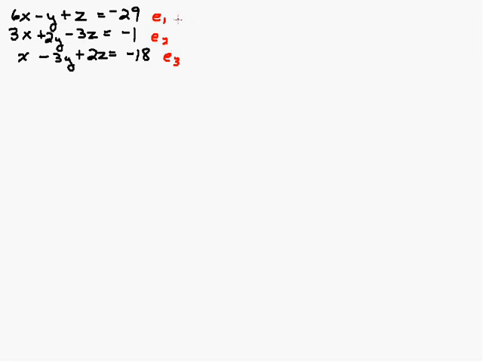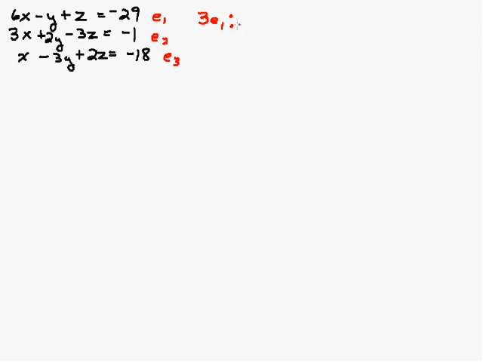So let's say we're going to add equation 1 and equation 2 together and try to get the z's to drop out. In order to do that, we're going to need a 3 right here in front of this z. So the first thing we're going to do is take equation 1 and multiply it by 3. Let me write that as 3 times equation 1, and we're going to put that right here.